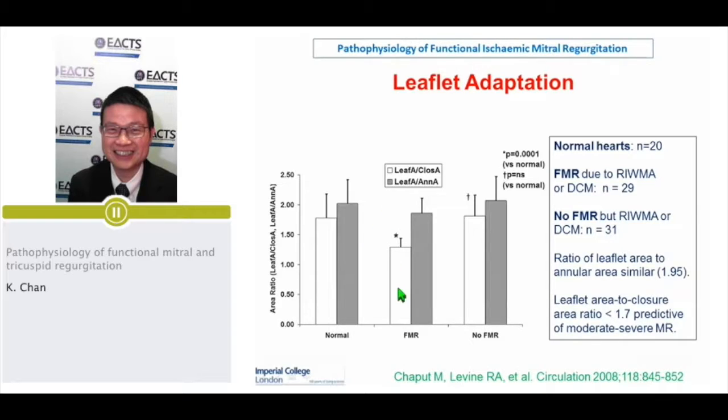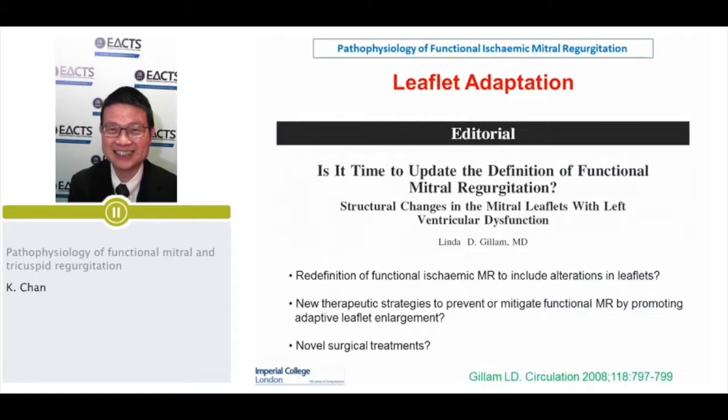But in the group with functional mitral regurgitation, the ratio of the leaflet area to the area required to achieve valve competency was significantly reduced. So what they are suggesting is that in these patients, the mitral valve leaflets had failed to enlarge sufficiently to overcome the mitral regurgitation.